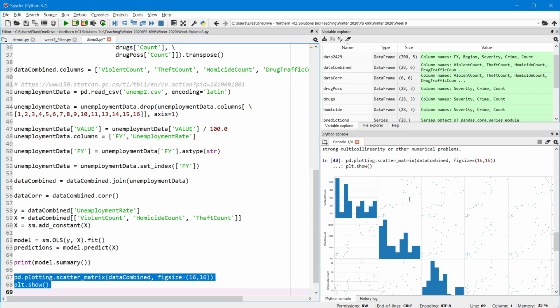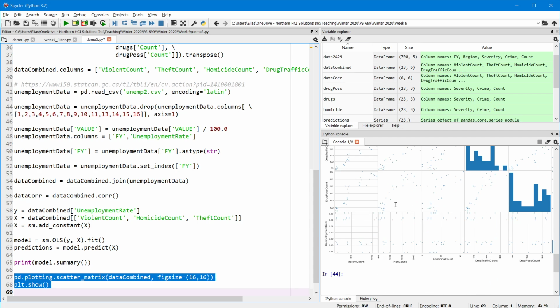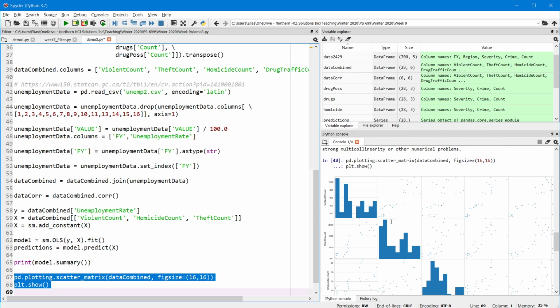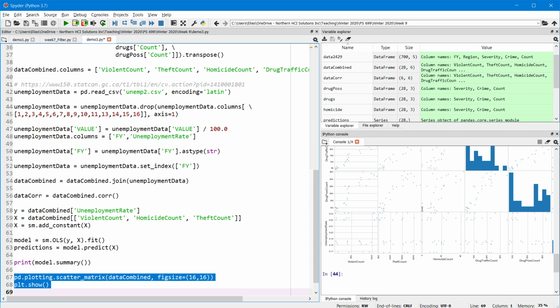Looking at this, we've got violent count versus the theft count, and we see it's generally a linear relationship. But if we look at unemployment rates versus violent count, we see there's almost no relationship. There's nothing really worth looking at here. Isn't that fascinating?